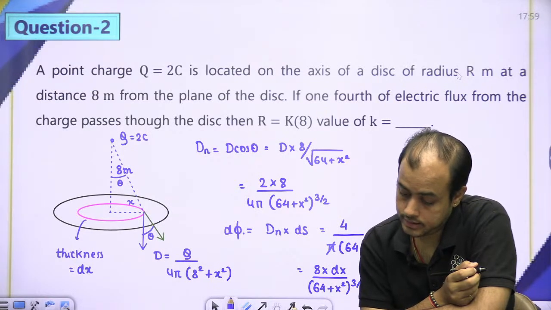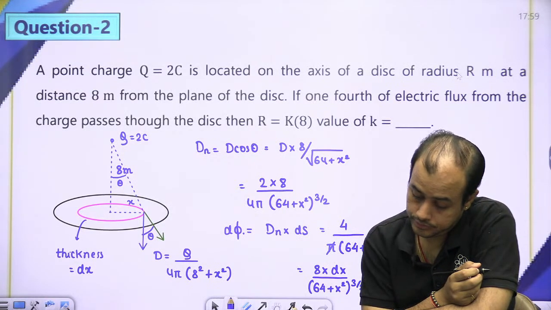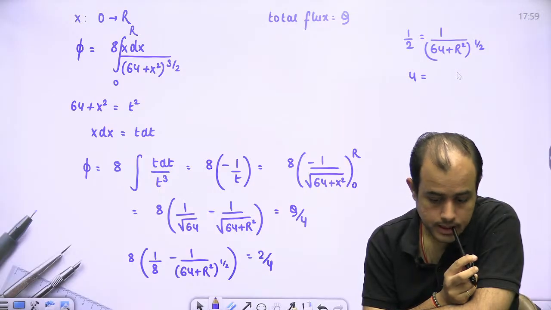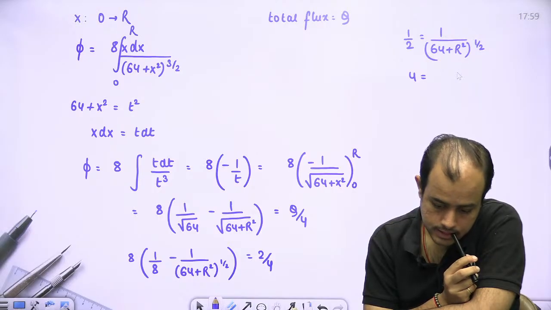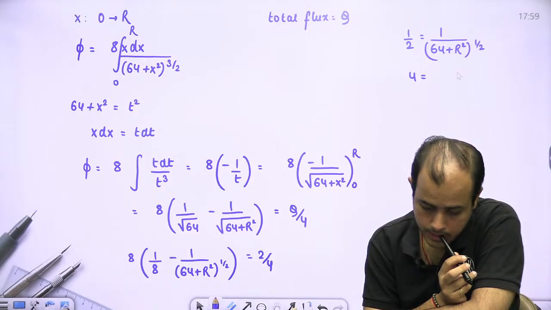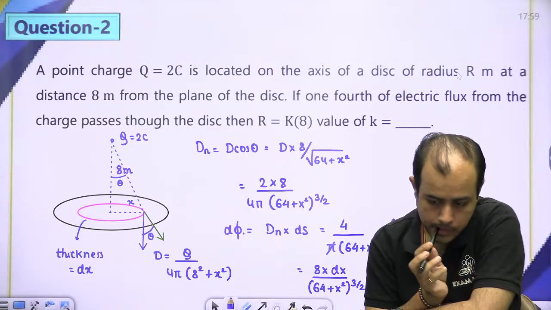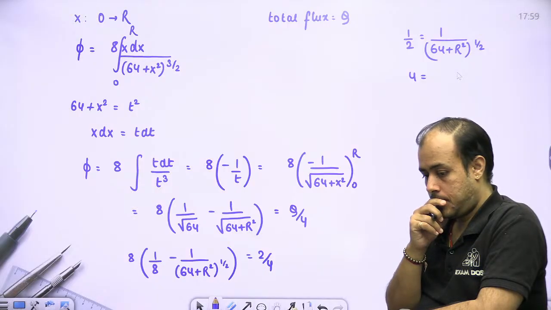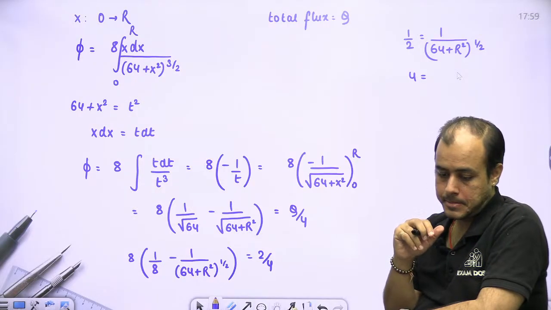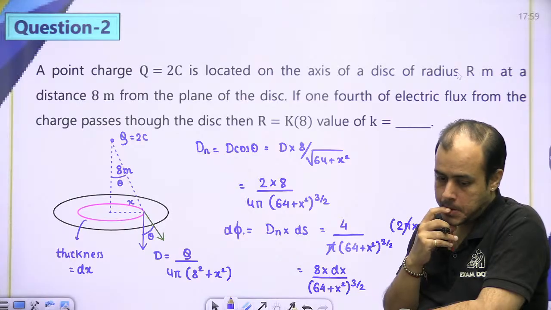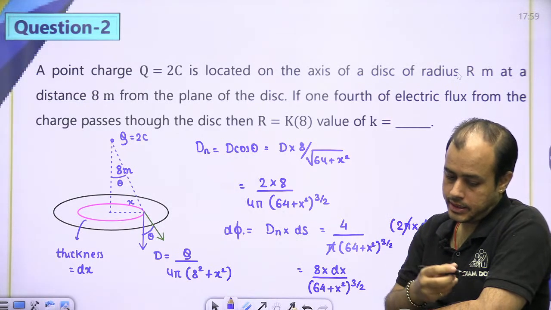Eight x dx. r equal to k into, at 8 meters.